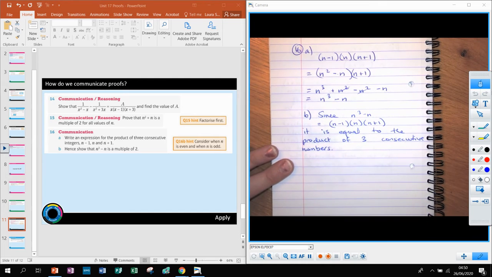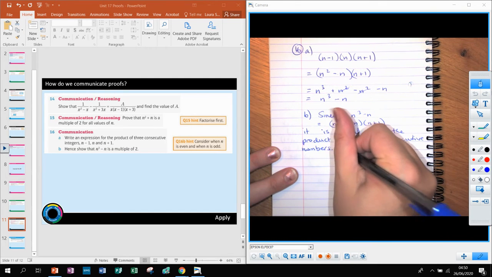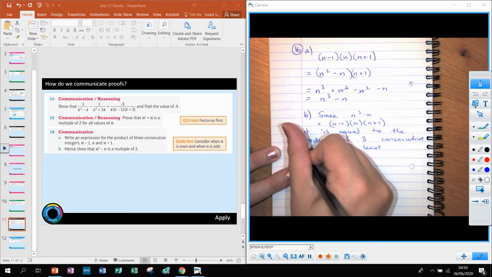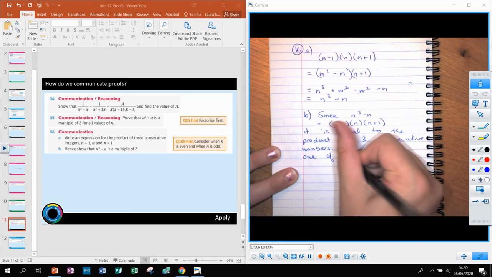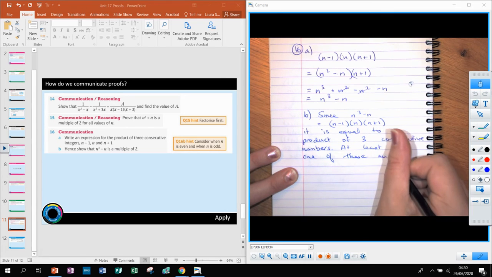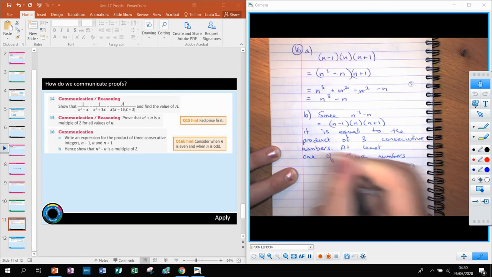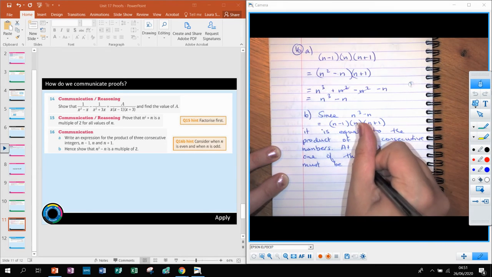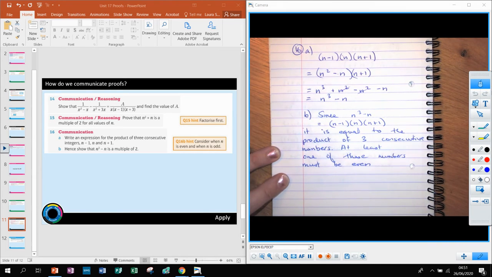Okay, we can then state that at least one of these numbers must be even as a result. Okay, then we can state that the product of an even number times any number will be even.